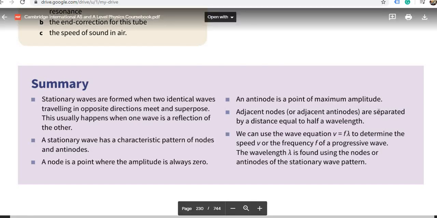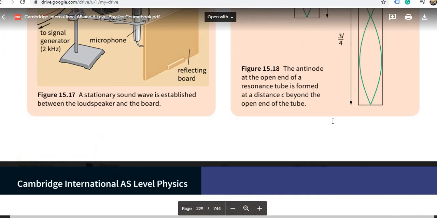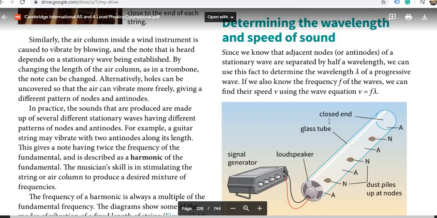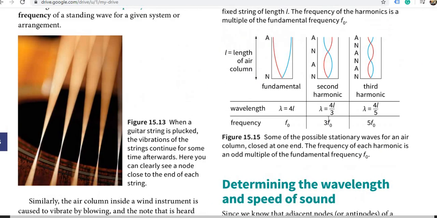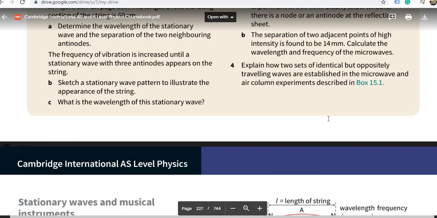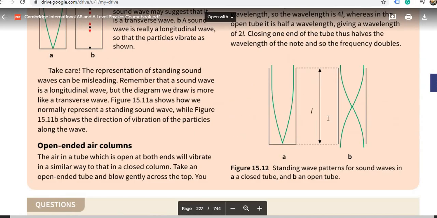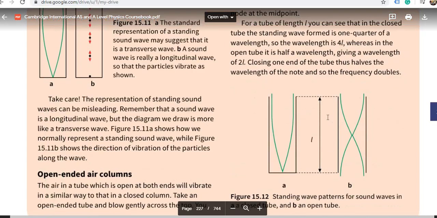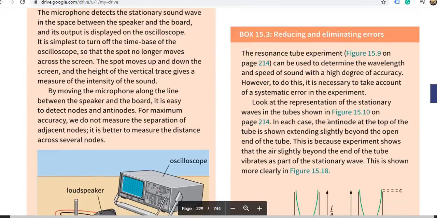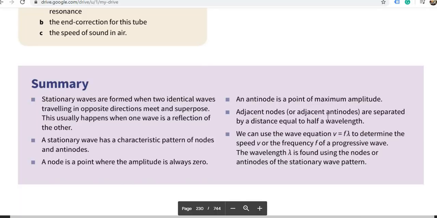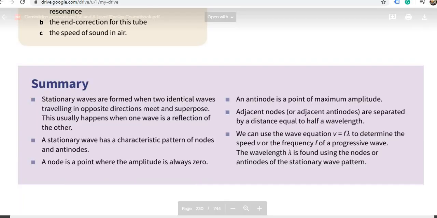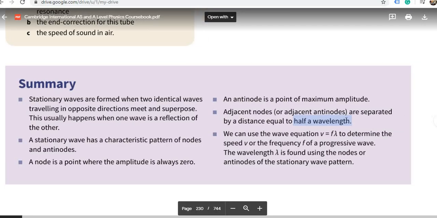Adjacent nodes or adjacent antinodes are separated by a distance equal to half a wavelength. That's what we were going through earlier. So from one node to the next node, or from one antinode to the next antinode, the distance is half a wavelength.